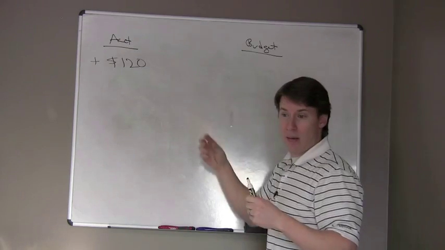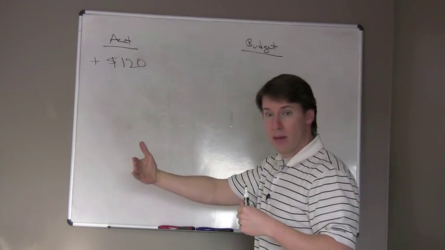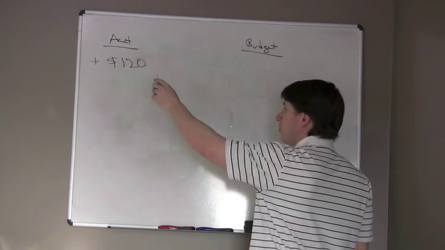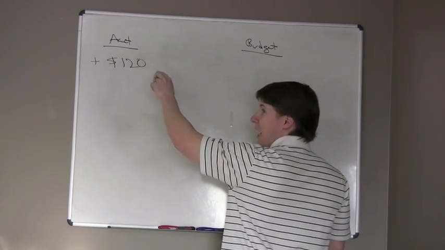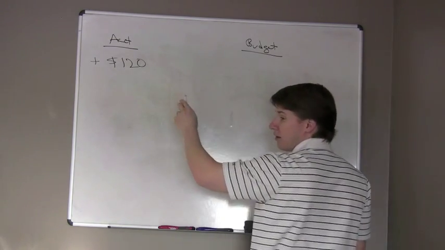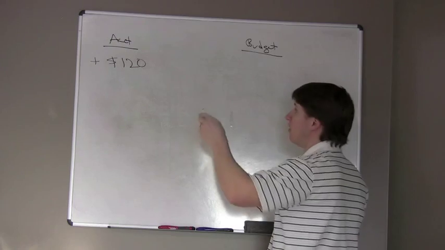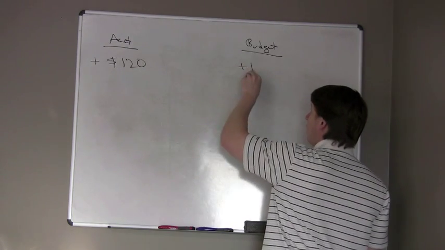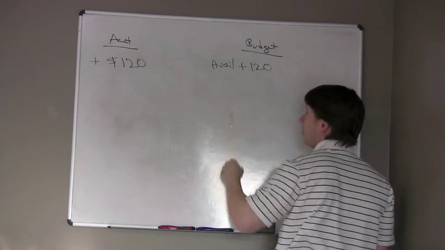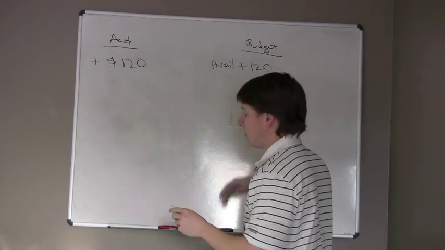So we'll categorize that, meaning the money is crossing the budget threshold and is now contained in that budget. When we categorize it as income available this month, it's immediately available. And so in the budget, we'll have plus 120 because we're calling that available, right? So they're still in balance.